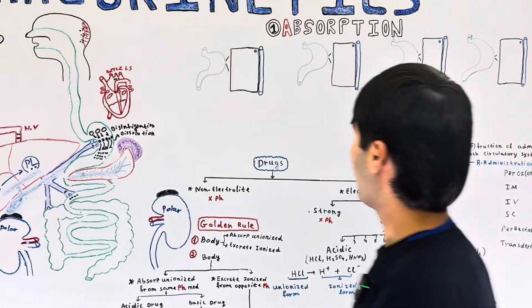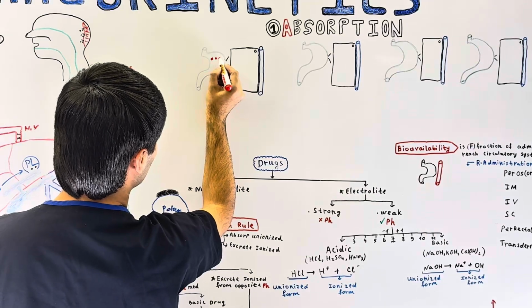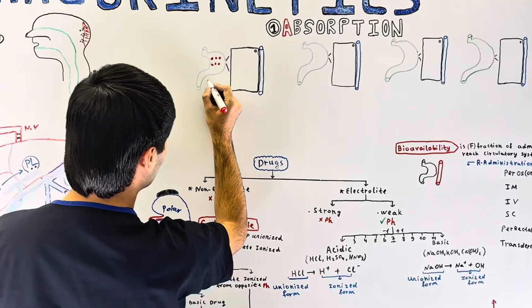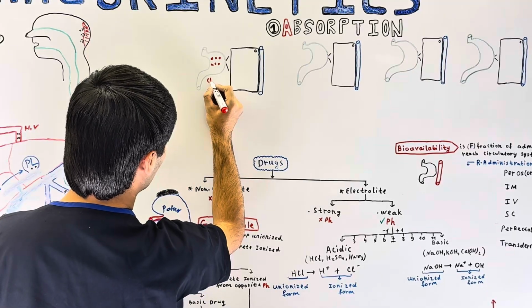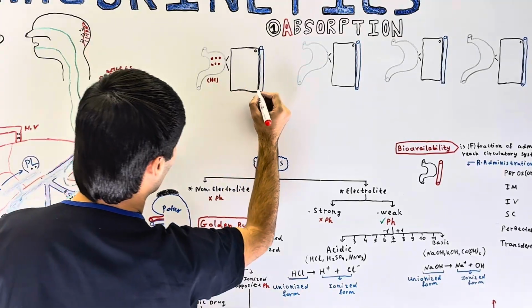So for example, there are some drugs that, when they come to the stomach, will easily transfer from high concentration to low concentration.